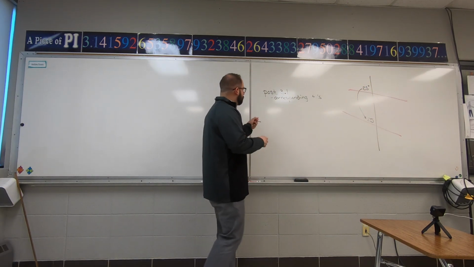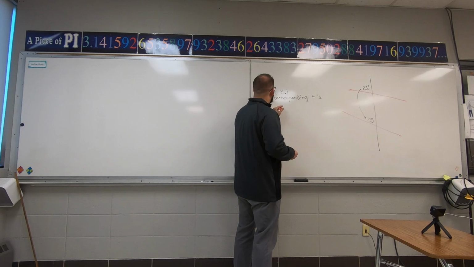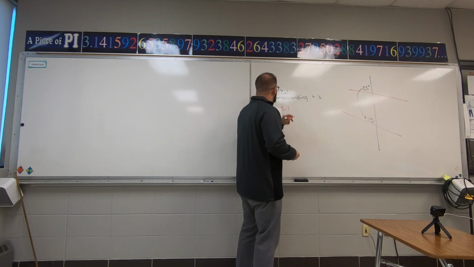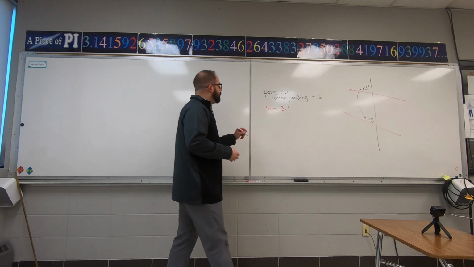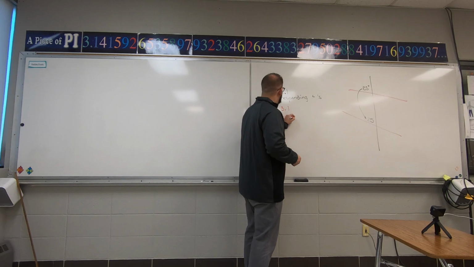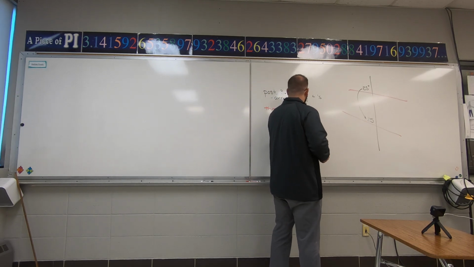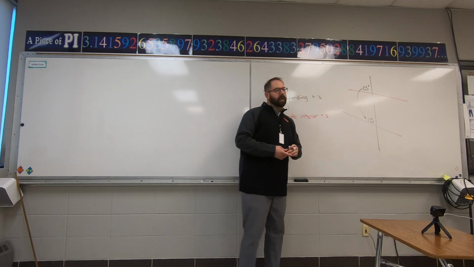Now, theorems, we did 2 new theorems yesterday, but in total we have 3 theorems up to this point. Theorem 3.1, this one we did Wednesday. It was called the alternate interior angle theorem.